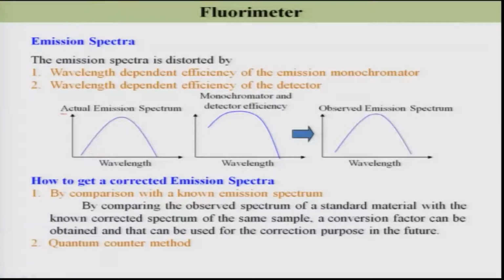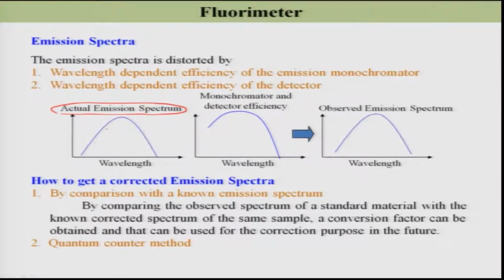This is the actual emission spectrum of your species, but together the monochromator and detector efficiency are not ideal, and they have this kind of shape. Then this shape will be multiplied with the actual spectrum and you will get your emission spectrum accordingly.